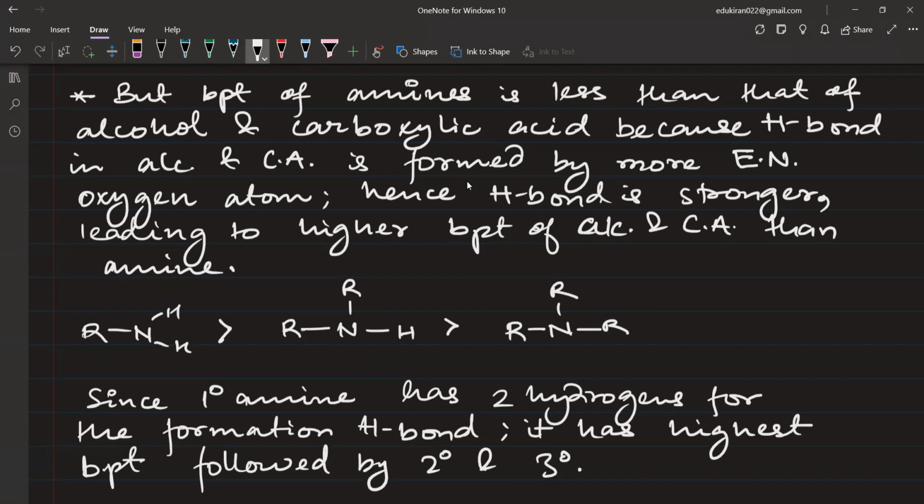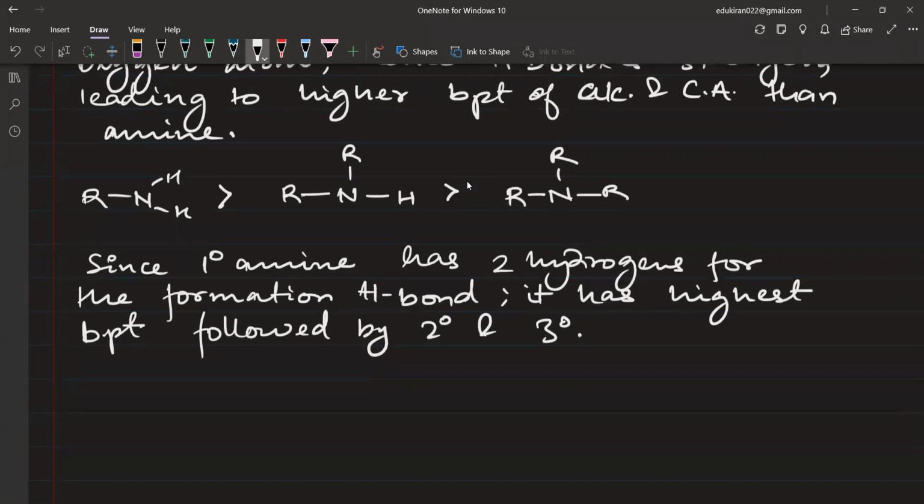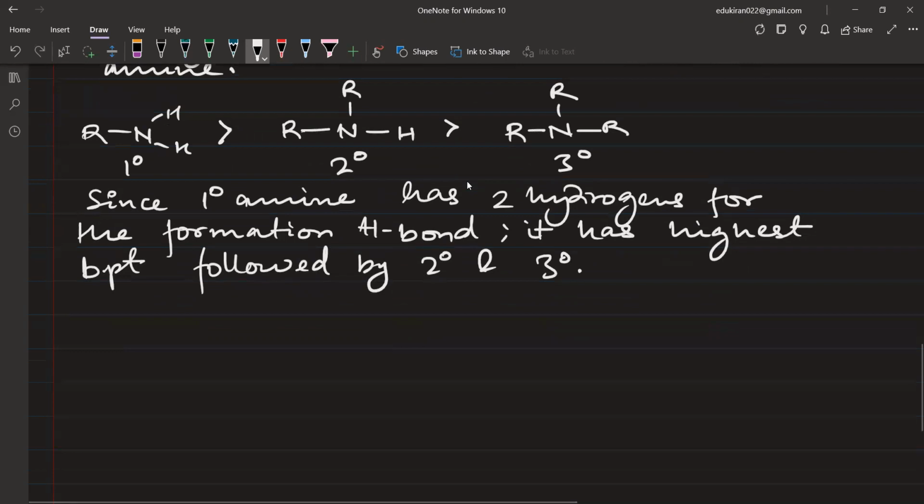This is just in comparison among amines. If you are comparing inside amines, then only you can say 1 degree is the highest. Then write about solubility.